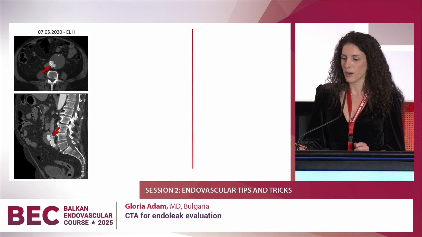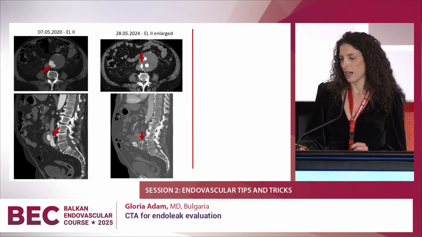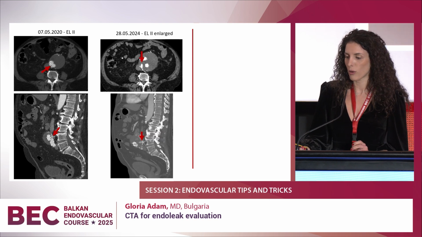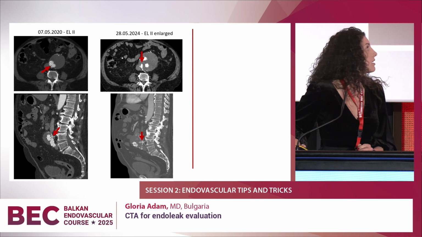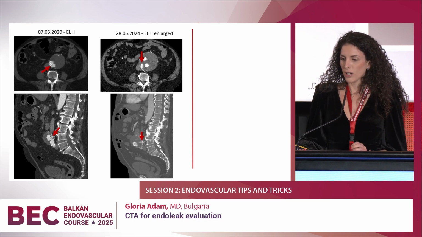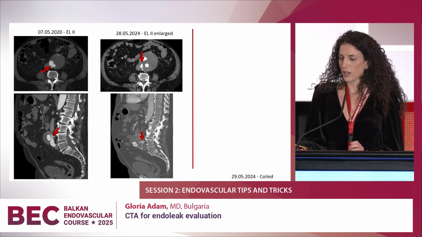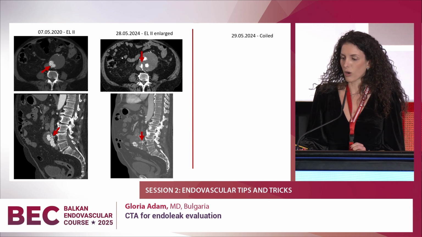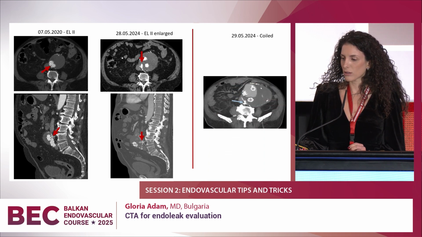And at follow-up, we see there is a small leak type 2 from the lumbar artery at the back of the aneurysm sac, which on follow-up was slightly enlarged, not so much, and it was decided to be coiled, that lumbar artery.